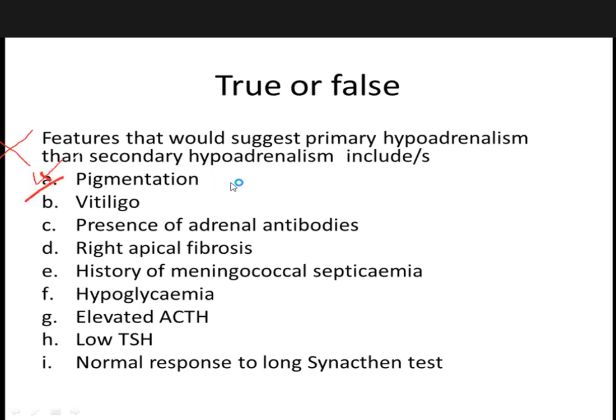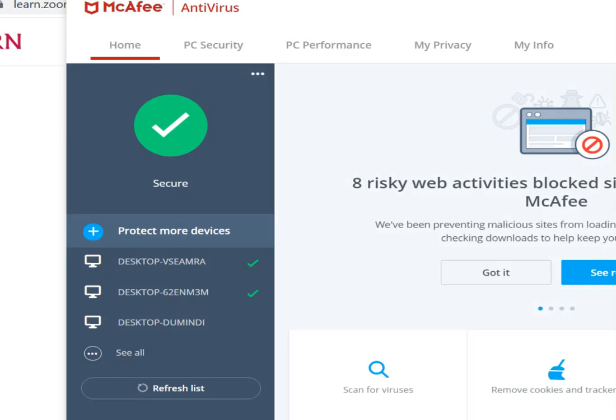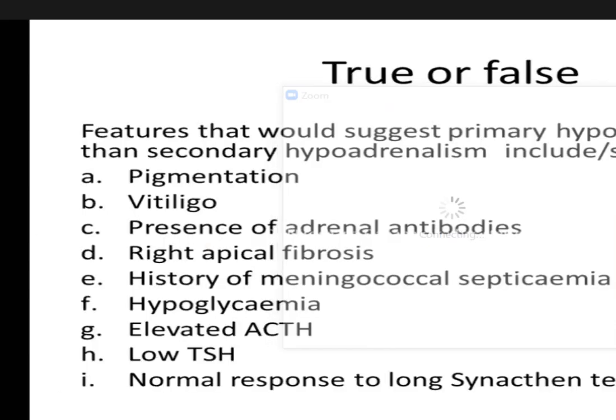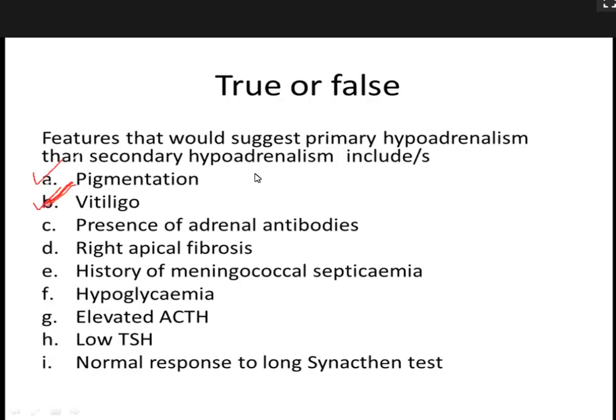Vitiligo, true, because it's an indicator that the patient is having autoimmune disease. Adrenal calcification, true, because that indicates that the patient is having tuberculosis, right? History of meningococcal septicemia. True.